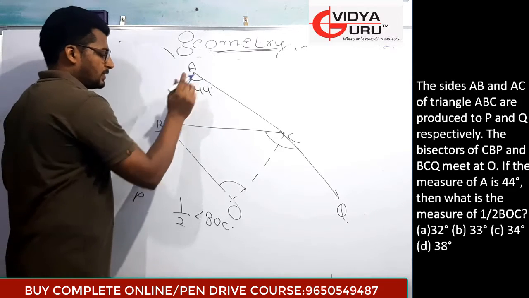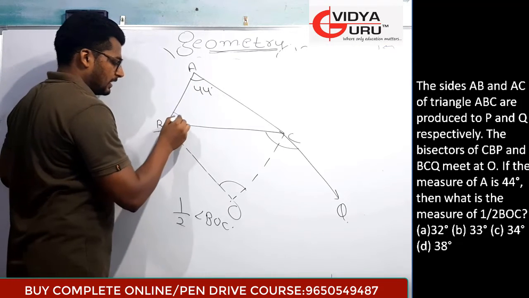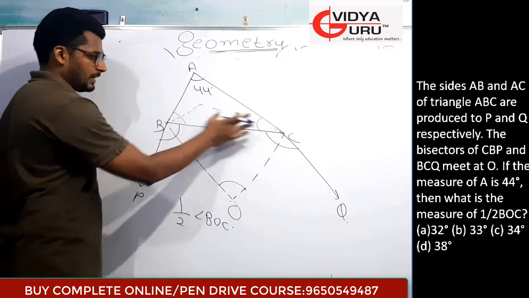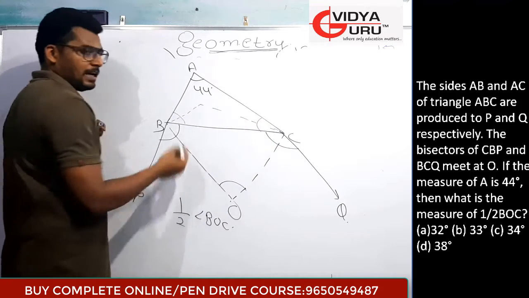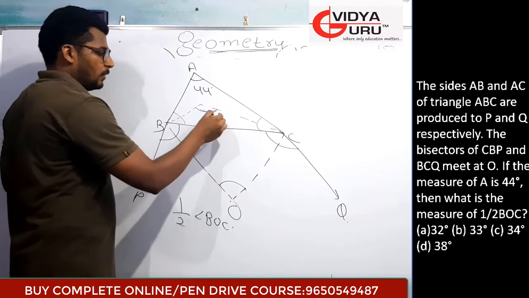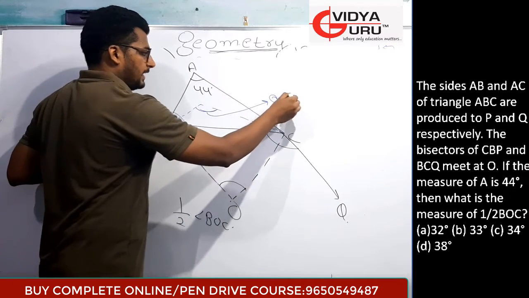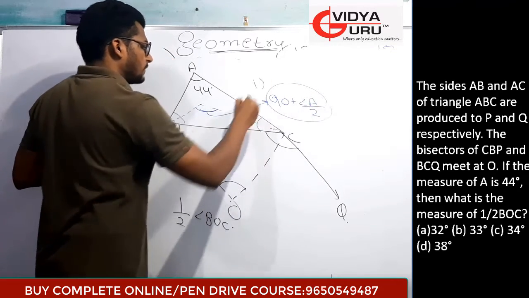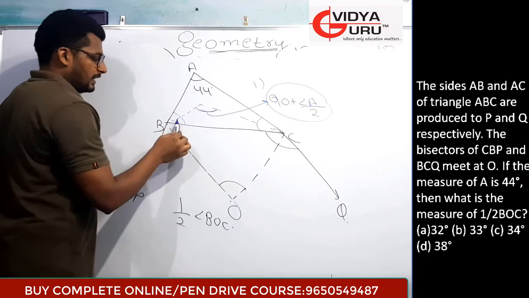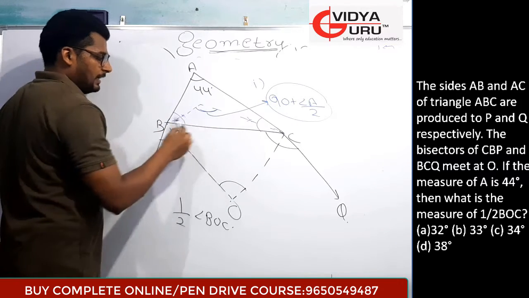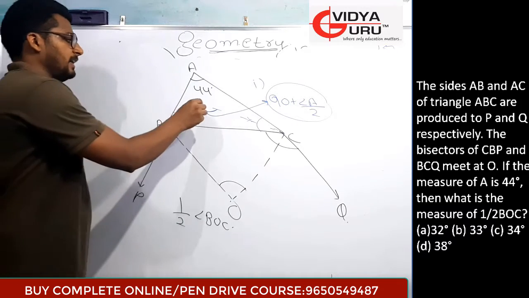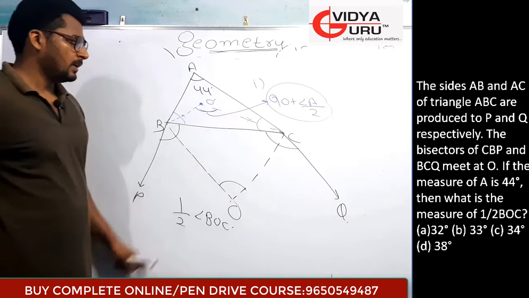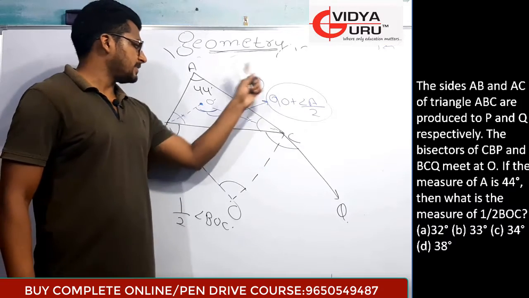If angle A is 44 and these are internal angle bisectors of the triangle, and they meet at some point O dash, then that angle will be equal to 90 plus A by 2.